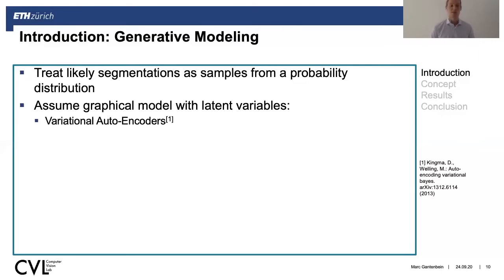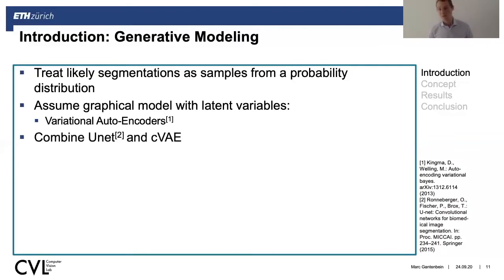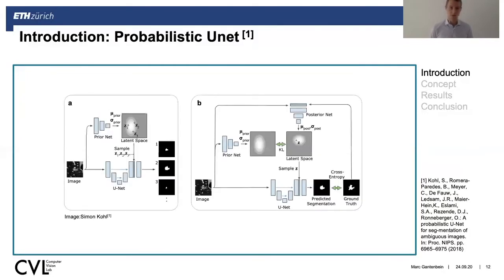This graphical model has found application in variational autoencoders, which are based on variational inference. And the combination of the Unet, the neural network architecture for generating segmentations, with a conditional variational autoencoder has led to the famous architecture Probabilistic Unet.